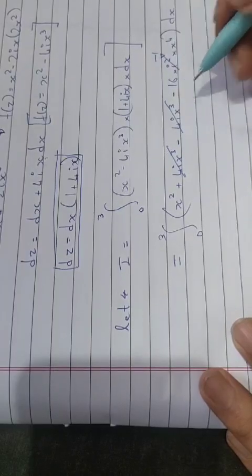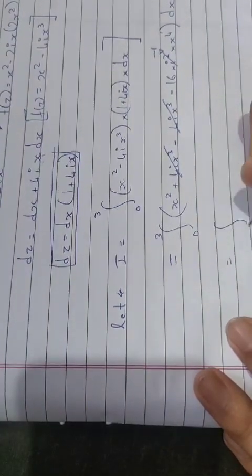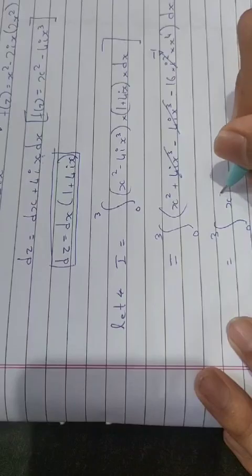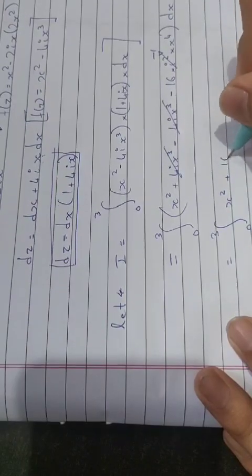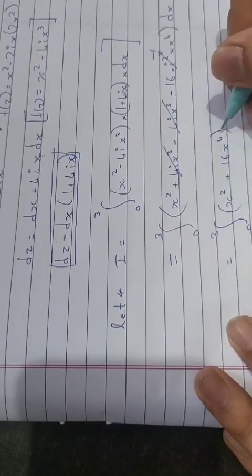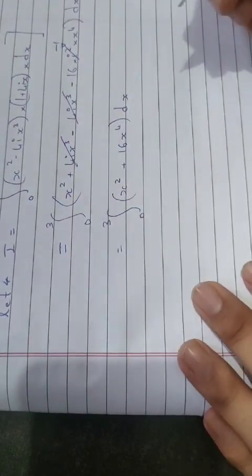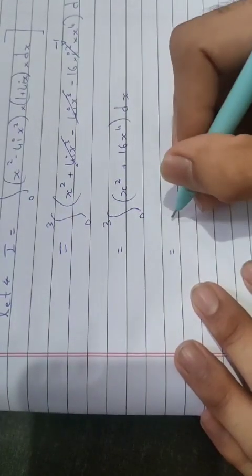Now these two terms get cancelled. i square is minus 1, so minus minus will become plus. In the next step we get the integral from 0 to 3 of 3x square plus 16x raised to 4 dx.